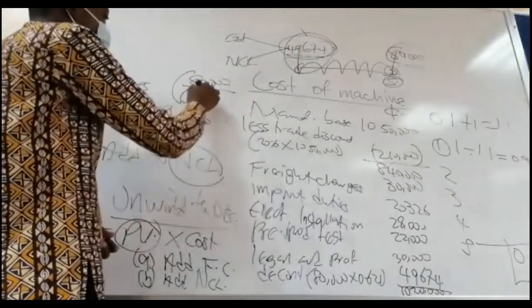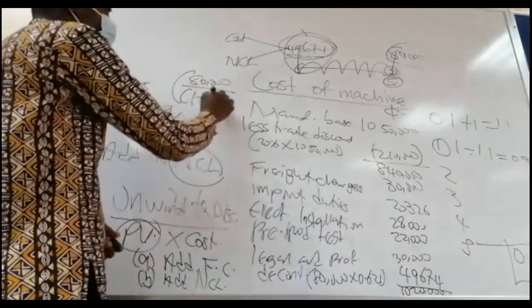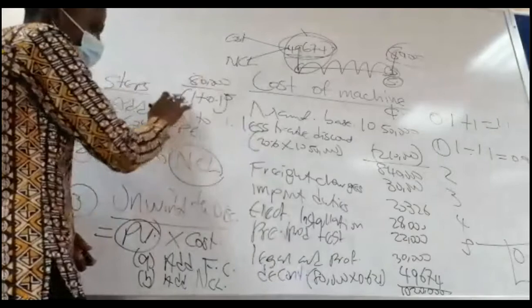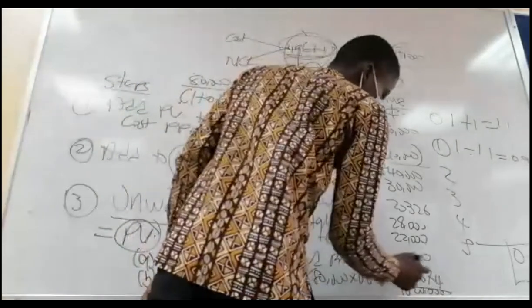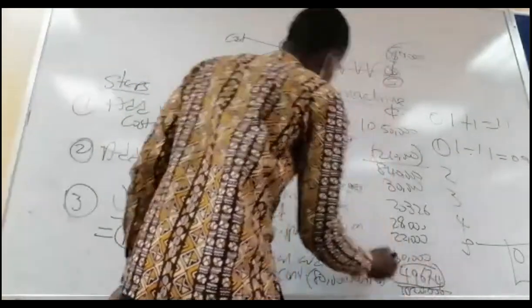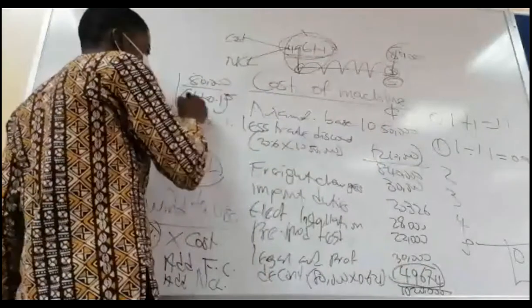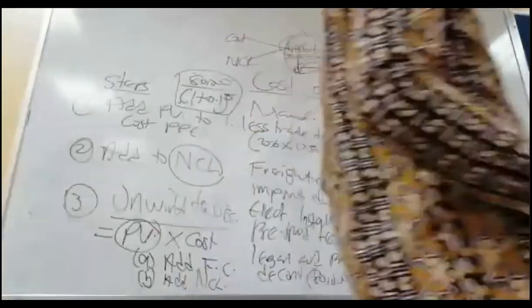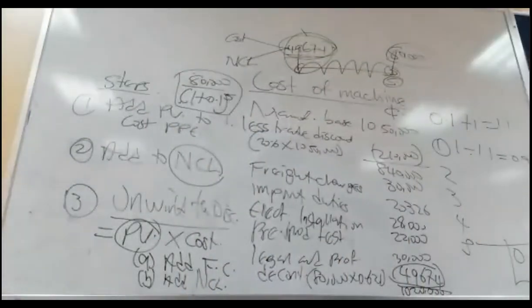Into bracket 1 plus 0.1 all to the power of 5. I think this particular answer that we have here is when you use this approach. Good. It's when you use this approach. So let's take note of that.